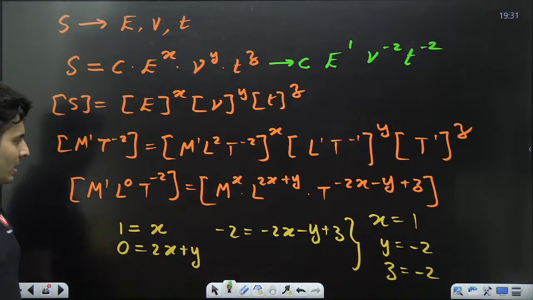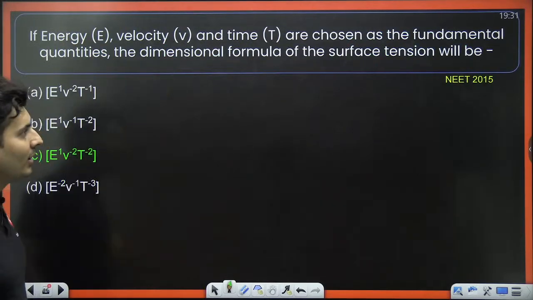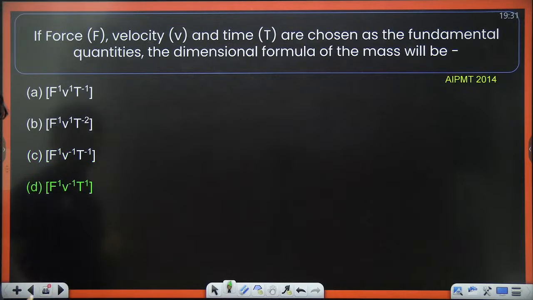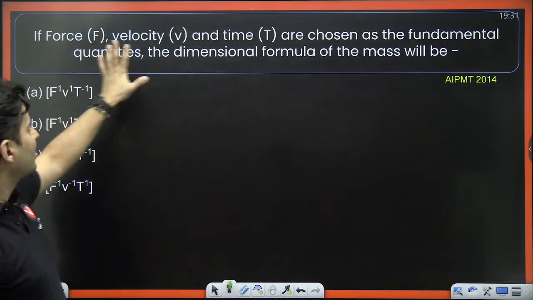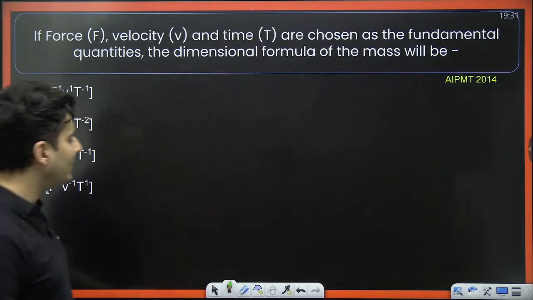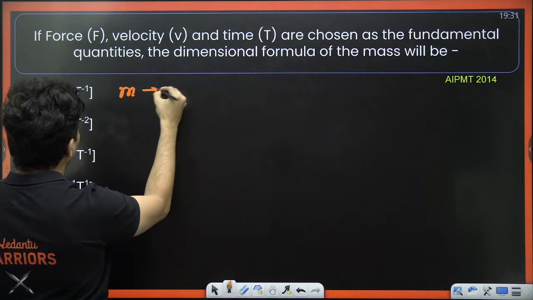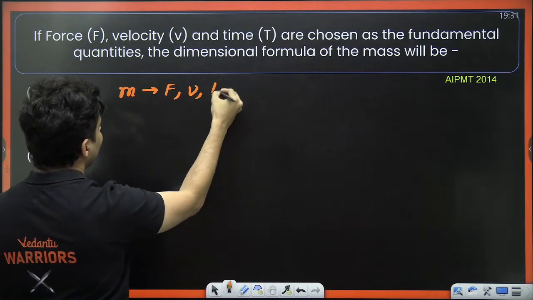Very nice. So this is how you derive relationships between a quantity and another quantity. This was a NEET 2015 question. Okay, next question. Force, velocity, time are fundamental. Then the dimension of mass will be just like the previous one. Mass is dependent on force, velocity and time.